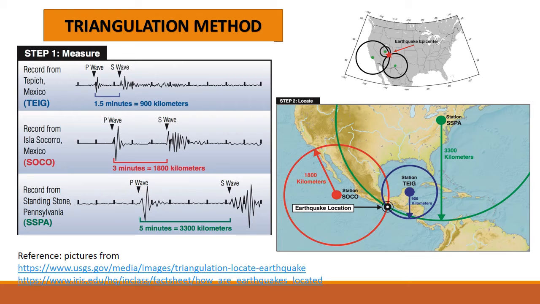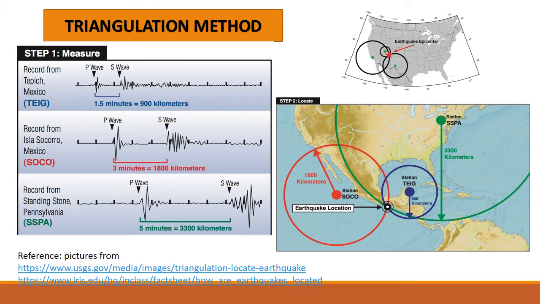So, as you can see and analyze in the data, there is a difference between the arrival of the P wave and S wave on the three seismic recording stations. The first station is 1.5 minutes and it has 900 kilometers as the distance of the epicenter from the station.